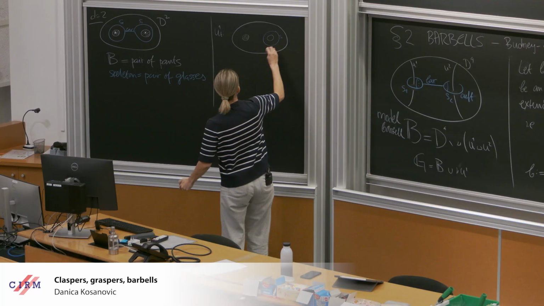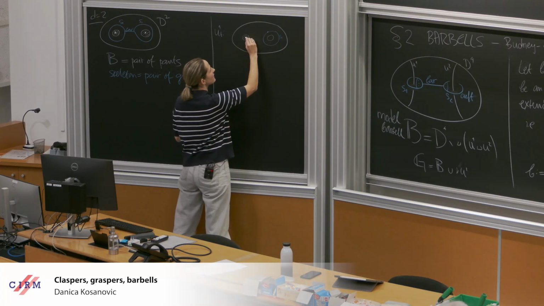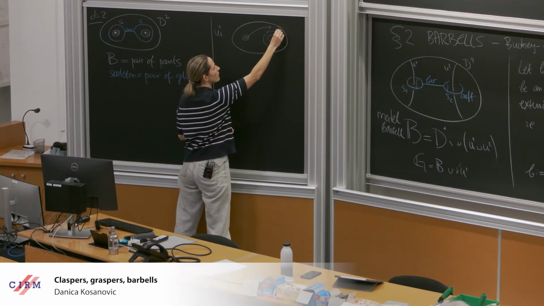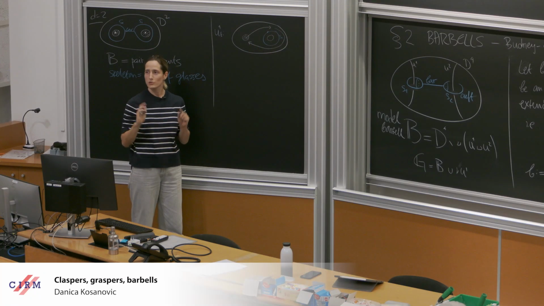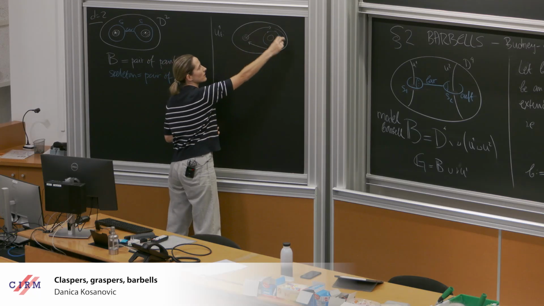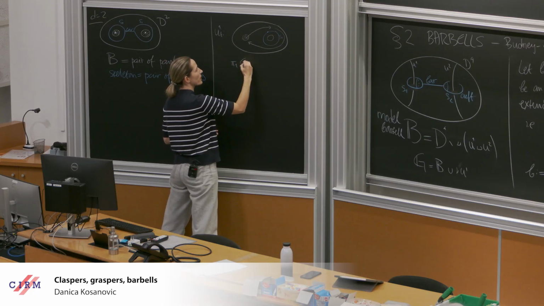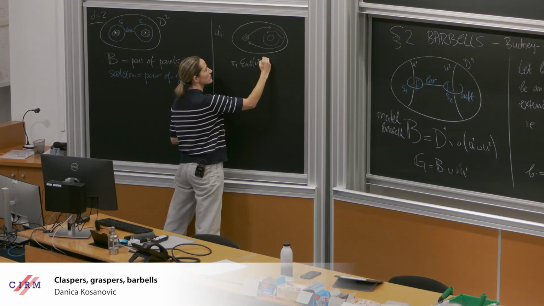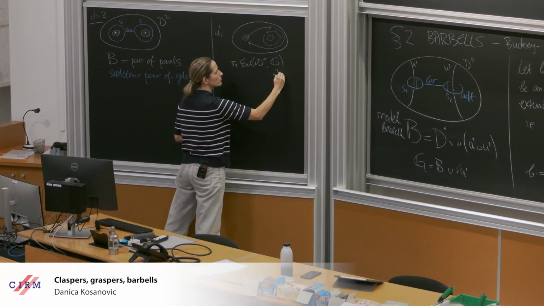And now it's just foliated by points. Well, this just means take this and move it around this circle until it comes back. This is the twirling isotopy in this dimension. You just take a little disk and move it around. So this is something that lives in pi_1 of embeddings of framed D0 in G, which is D2 minus a little D2.